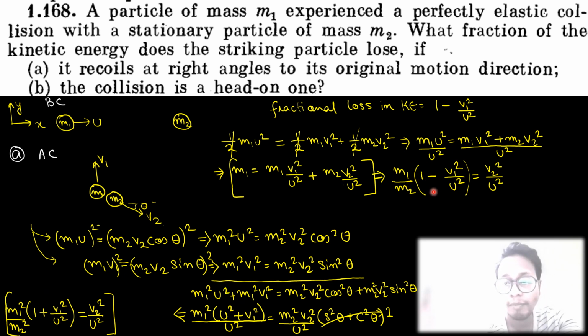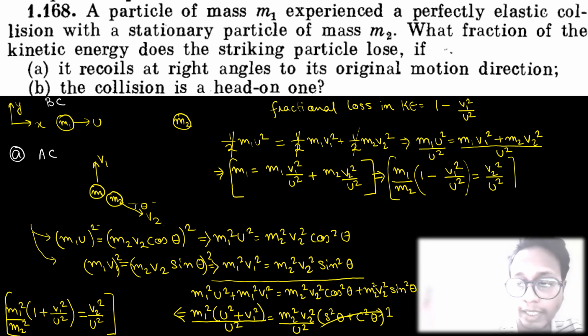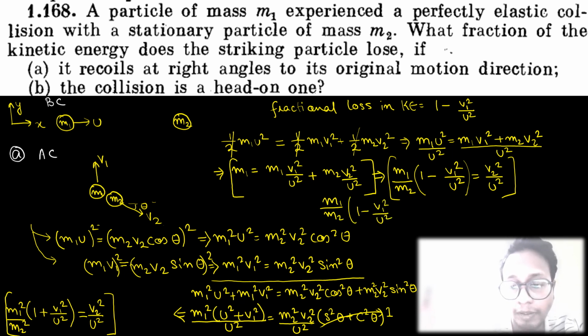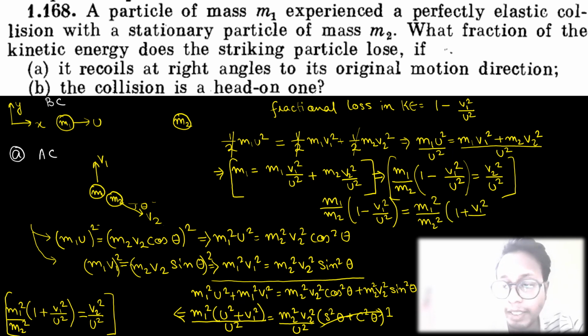So m1 by m2 into 1 minus v1 square by u square should be equal to m1 square by m2 square into 1 plus v1 square by u square. From the first equation I get m1 by m2 times 1 minus v1 square by u square, and from the other equation the same value is m1 square by m2 square into 1 plus v1 square by u square.